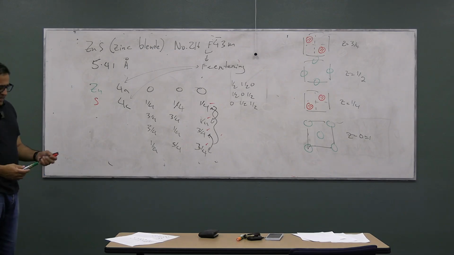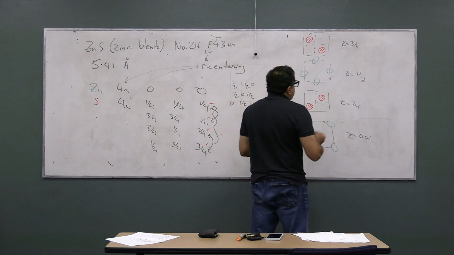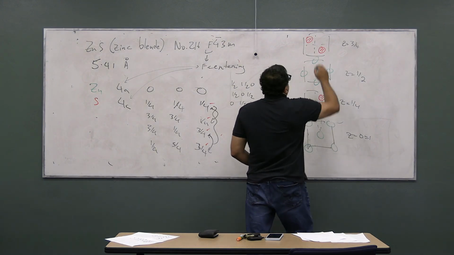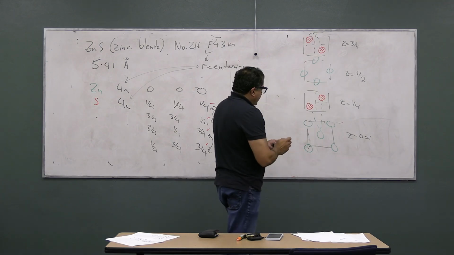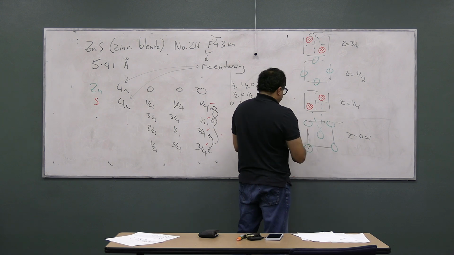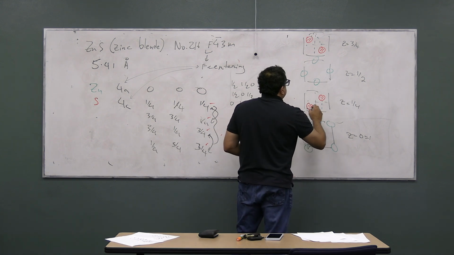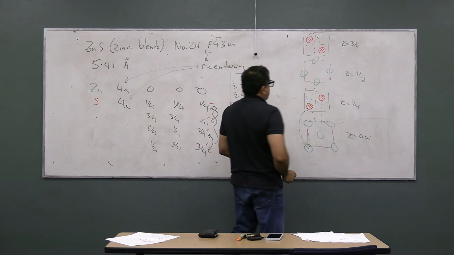But every zinc has 4 sulfur neighbors. For example, it has these 2 on top and these 2 below. And every sulfur has 4 zinc neighbors. If you take this sulfur, its neighbors are this and this and this and this.